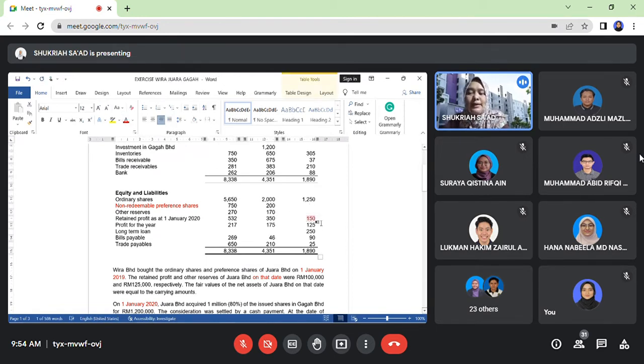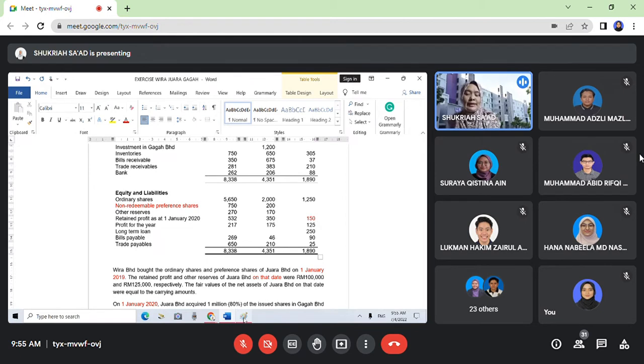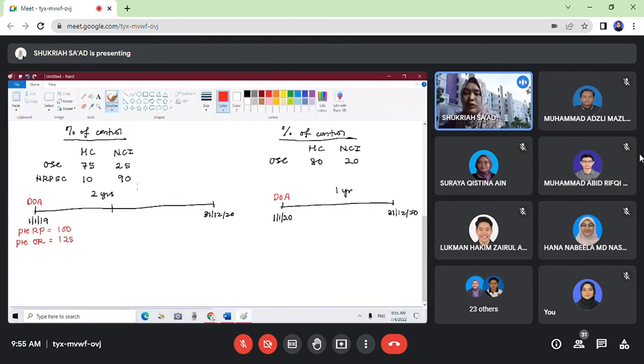Soalan dah bagi dah. Soalan kita nampak tak nampak saja. Sebab tu saya kata kalau tak ada wajib cari, especially untuk retain profit. Retain profit adalah item yang wajib ada setiap tahun, wajib because the item carry forward. Okay. So ada satu kat sini, 150. So kita pergi balik dekat tadi. Dekat sini ada satu, saya masuk kat sini pre.